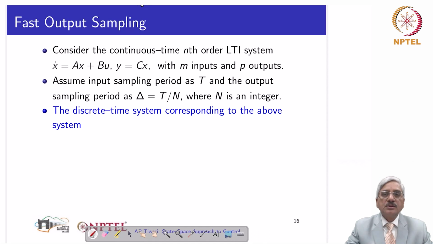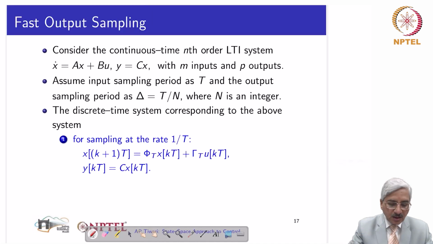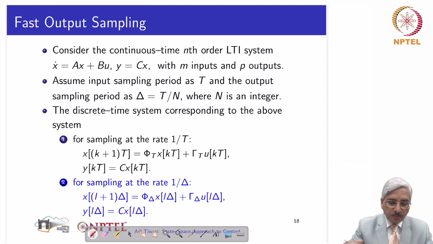Now we list down the dynamic equations for the discrete time system corresponding to these two rates, the rate of sampling 1 by T and the rate of sampling 1 by delta. So the discrete time system for the sampling rate 1 by T is this.